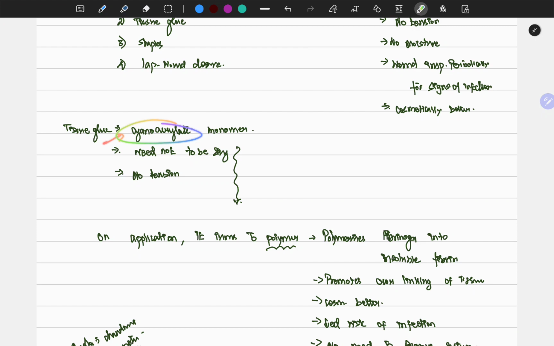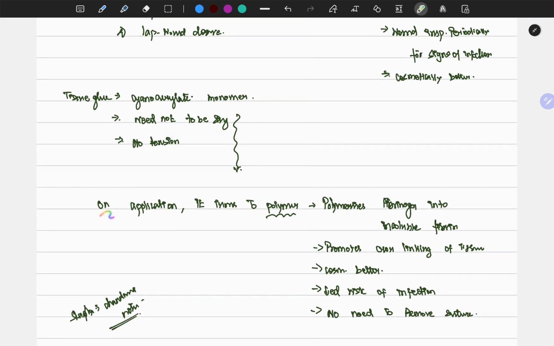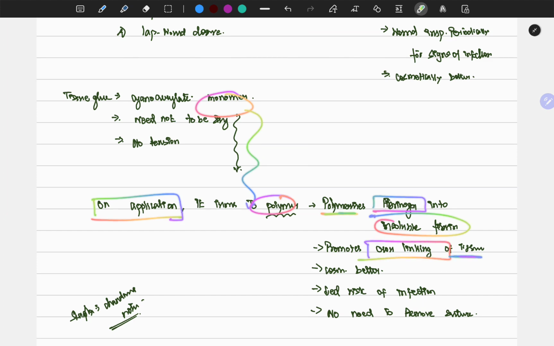Tissue glue is a cyanoacrylate monomer. It need not be dry, so it has no tension. On application, this monomer is converted to a polymer. It polymerizes fibrinogen into insoluble fibrin and promotes the cross-linking of the tissues.